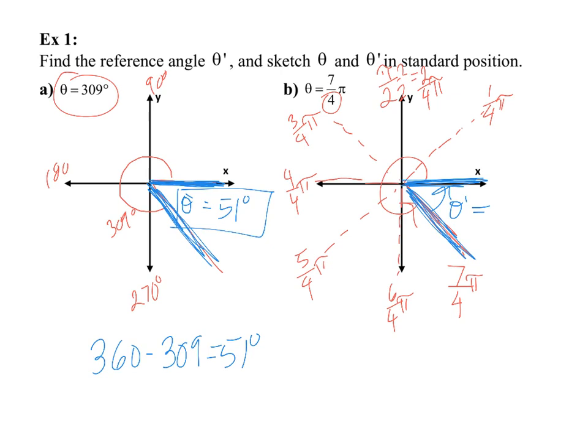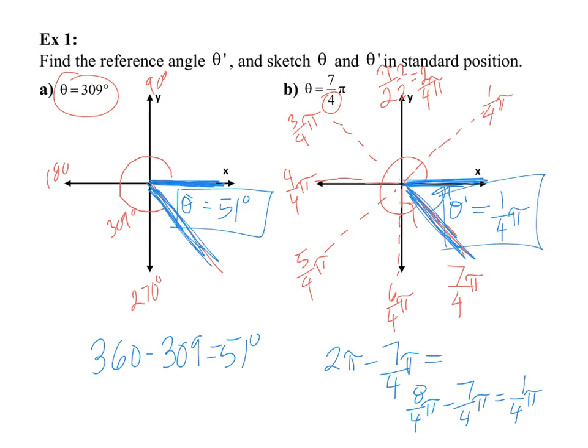Going all the way around is 2 pi, so I take 2 pi and subtract 7/4 pi. Finding a common denominator, we have 8/4 pi minus 7/4 pi, which is 1/4 pi. All right, done with that. On to the next example.